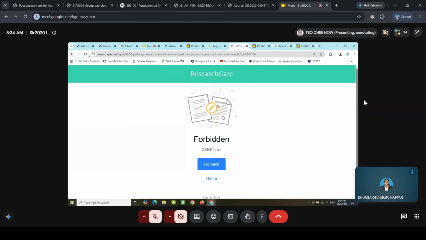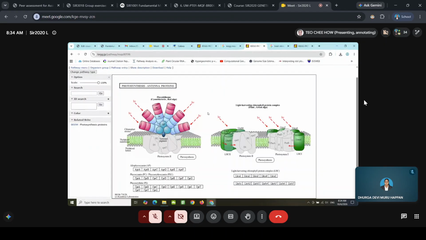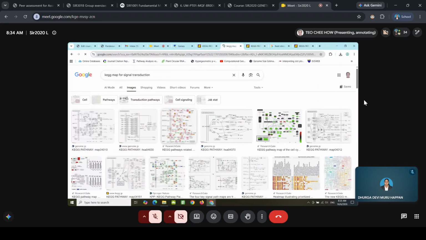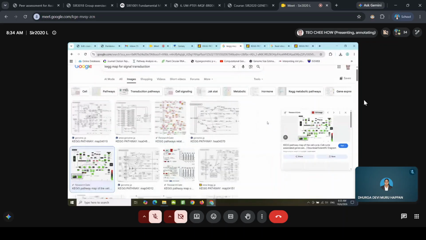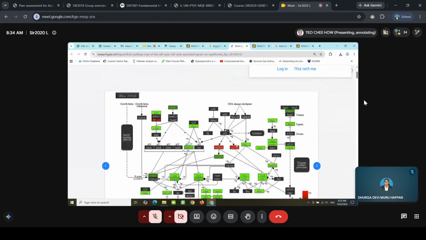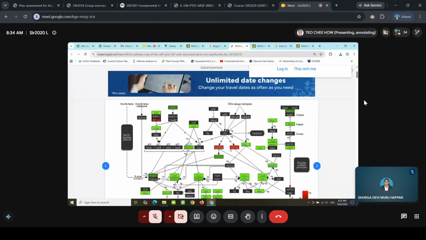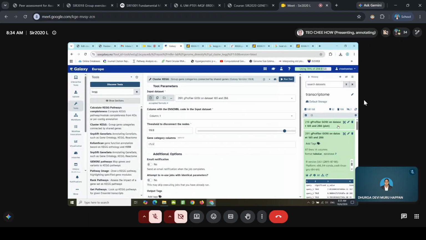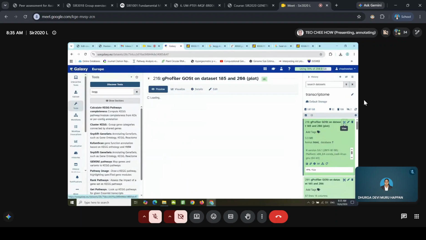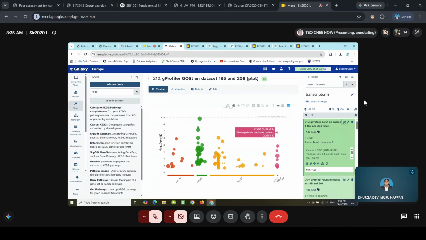To have this kind of image in there, but since g:Profiler does not allow you to do that, basically you just need to mention which pathway is involved, and then what function they are involved in here.